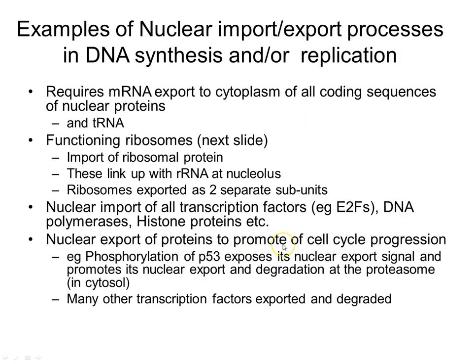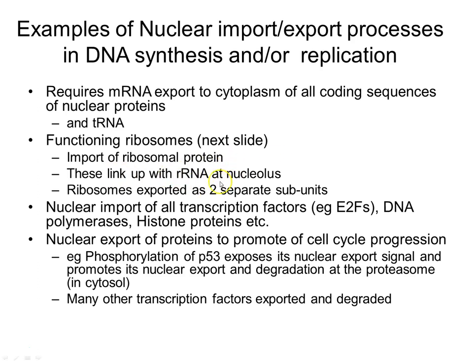So if we look at all the processes where nuclear import and export are involved, we need nuclear export of RNAs, both mRNAs and tRNAs. We need import of ribosomal proteins to build new ribosomes. Those are put together at the nucleolus.